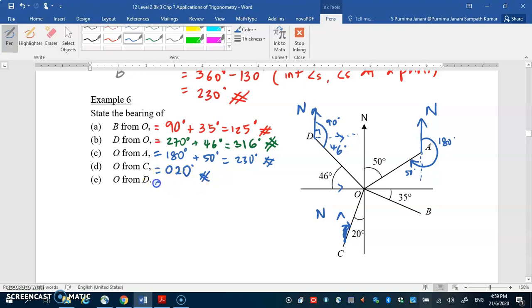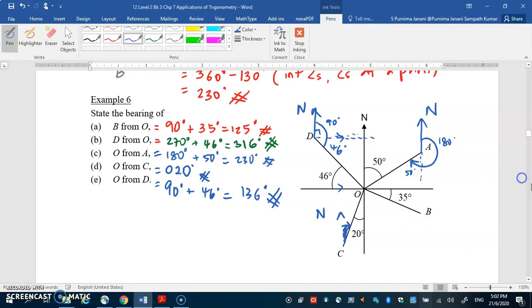So 90 plus 46. Sorry, my horizontal here is not so straight, but you get the point. The answer will be 136. Excellent.